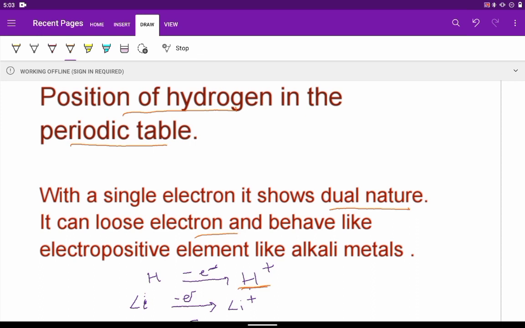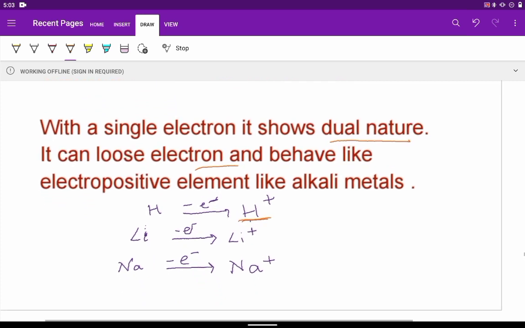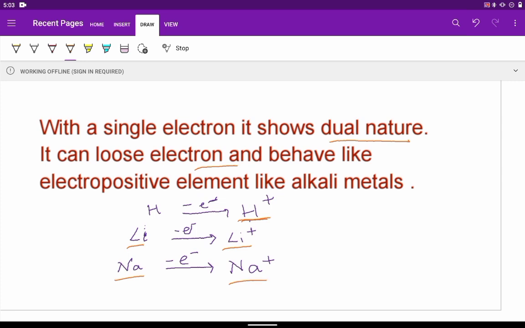In this respect, it behaves like alkali metals, because alkali metals also have one electron in their outermost shell, and they can easily lose that electron to form unipositive ions, as we can find in the case of lithium and sodium. Lithium can form Li+, sodium can form Na+. So it behaves like an electropositive element, having similarity to alkali metals.